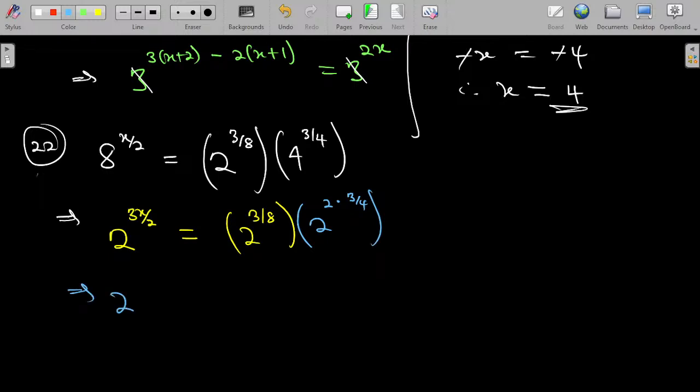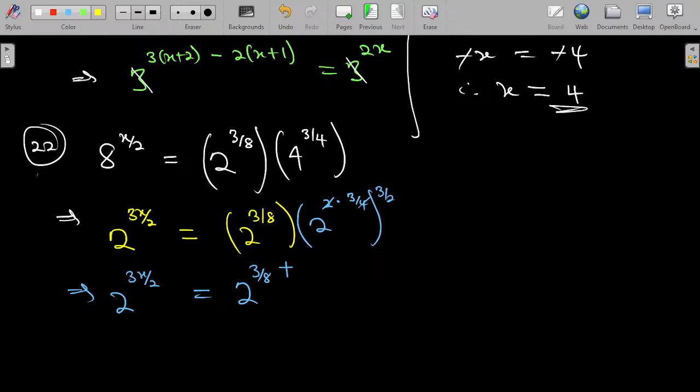Let's return this the way it is first, so that we can simplify the right hand side first. So we have power 3x over 2 is equal to, here 2 will cancel 2 to give you 3 over 2. So 3 over 2 is left here. So this will be power 3 over 8 multiplied by power 3 over 2, which is addition.